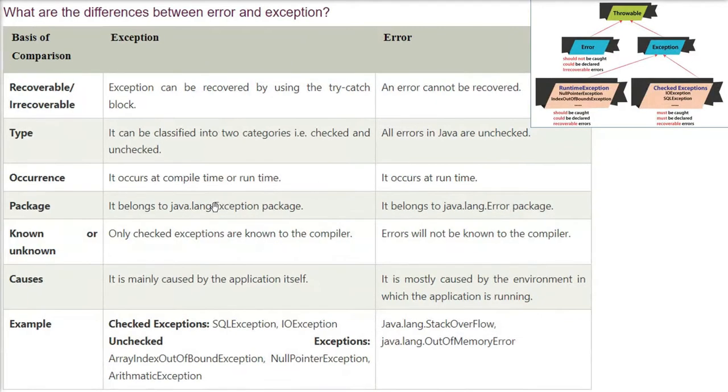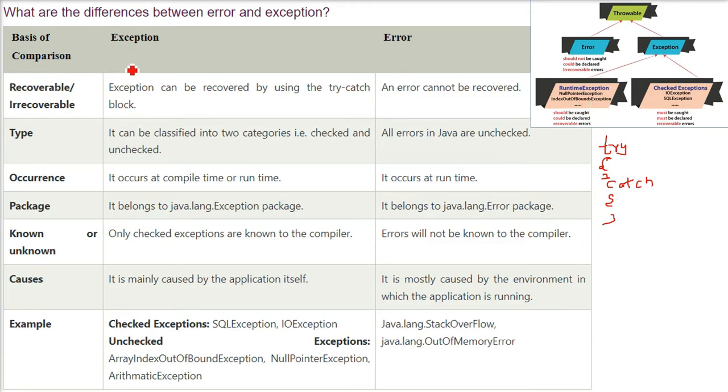Okay, coming to recoverable and irrecoverable. An exception can be recovered by using a try catch block. We write the code inside try, and if something happens, then you catch it. You know how to catch it. There are all the scenarios if you actually go to programming. An error cannot be recovered. The error has happened, it has happened.